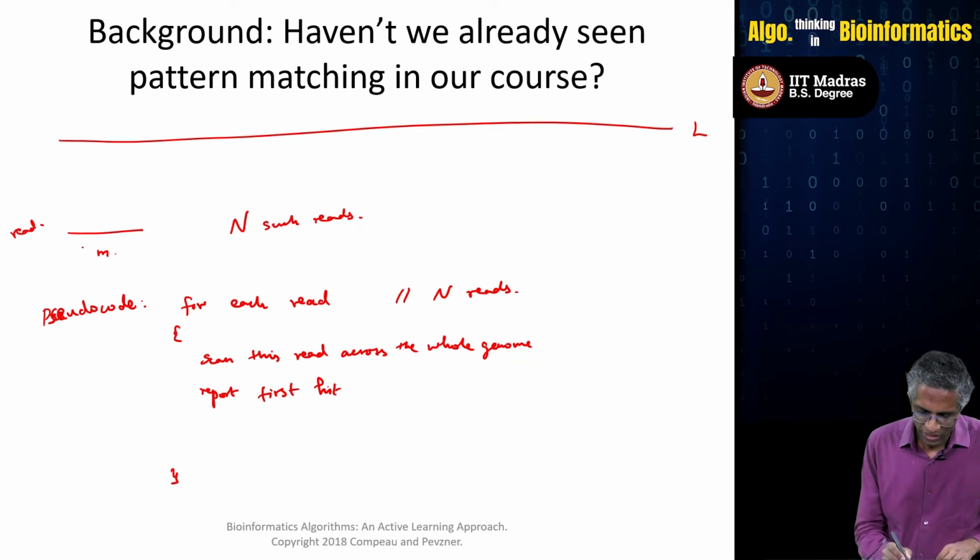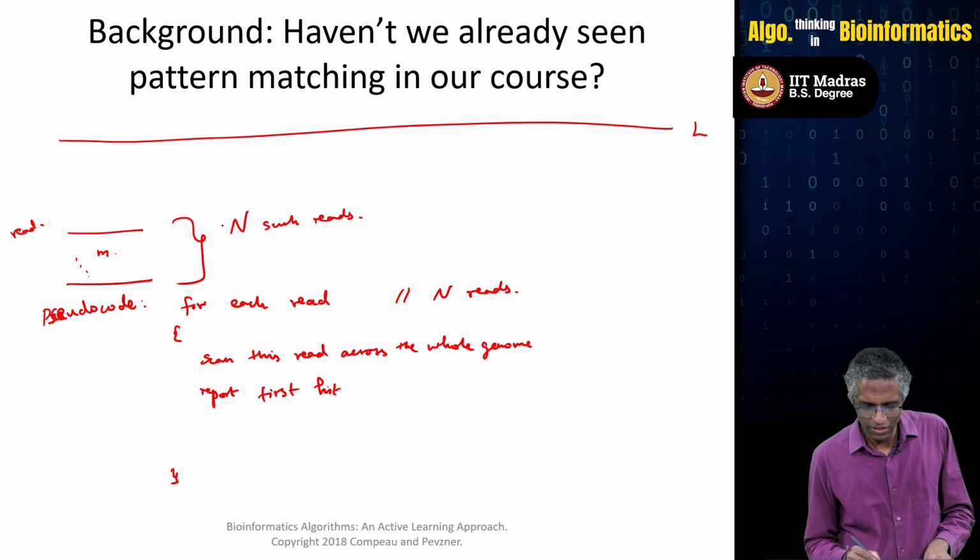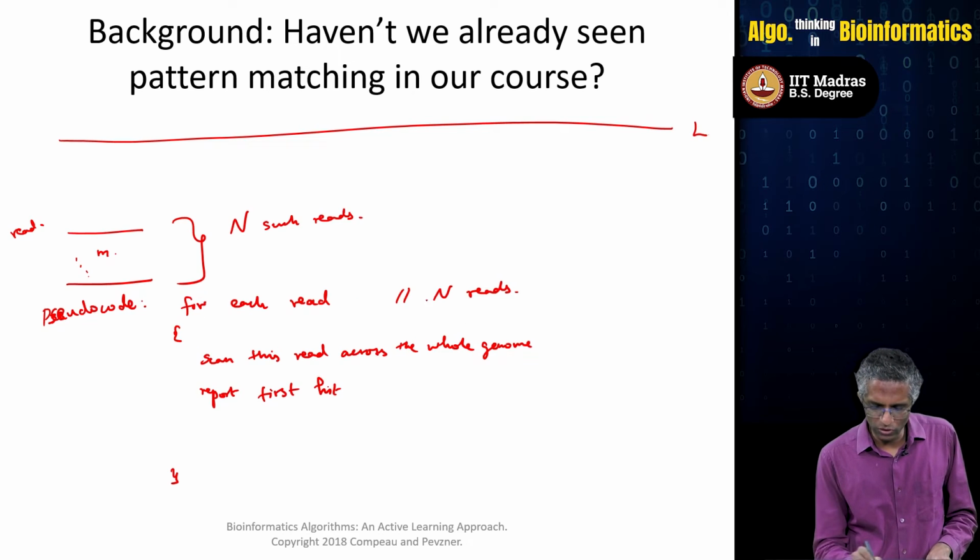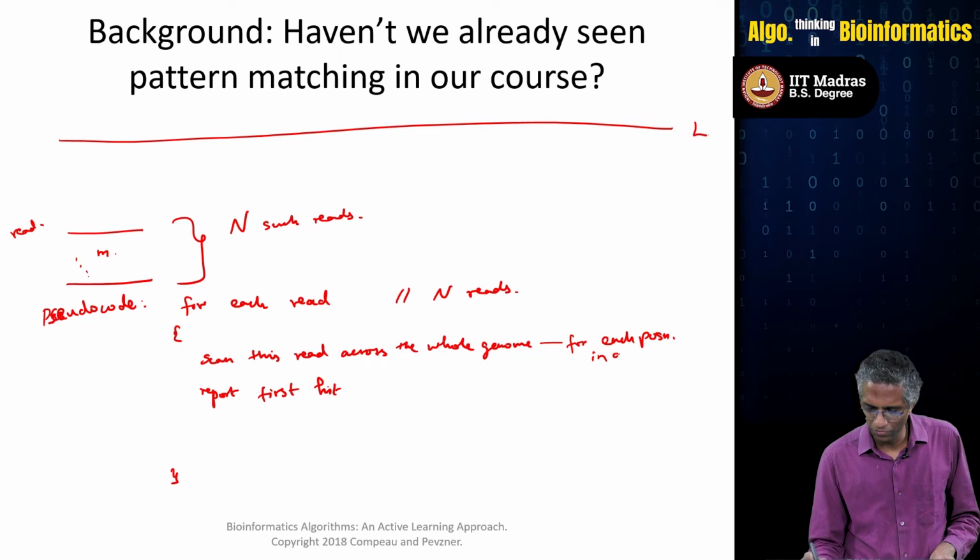So for every read, there are n such reads, and n is again in the billions. This outer loop is going to go for n reads, and scanning this read across the whole genome is going to be a loop on its own. So for each position in the genome, there are L such positions.